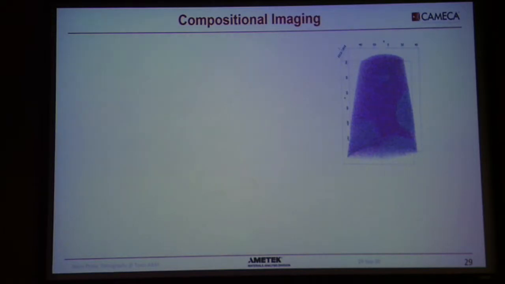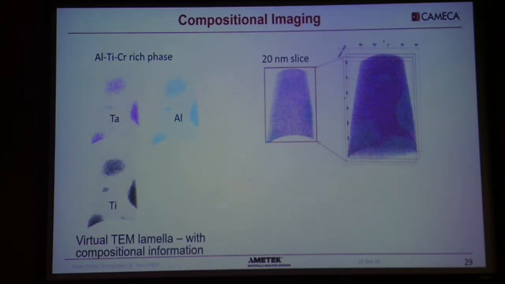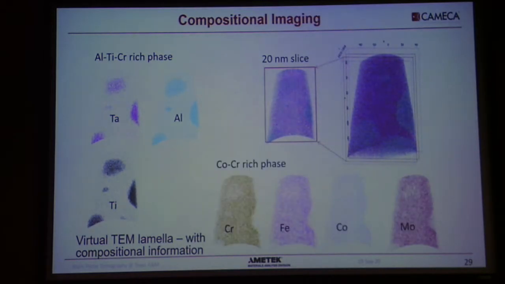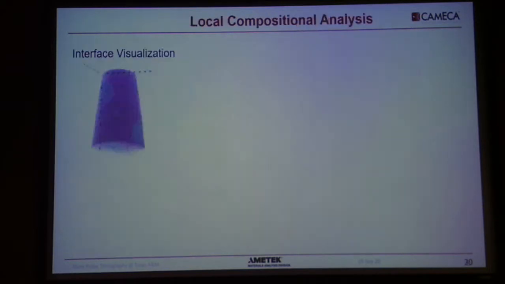This is the full data set, but if I take a 20 nanometer slice, which is equivalent to getting a TEM image, and plot the tantalum, aluminum, and titanium ions, we have one phase here, and we have another phase that is cobalt. Okay, so now we can separate the 2 phases in that case.